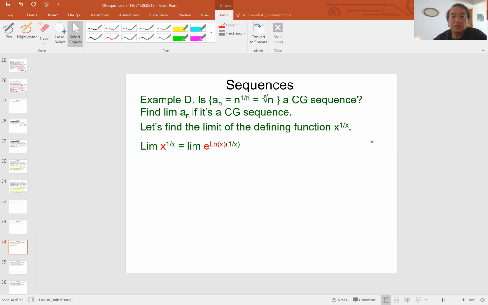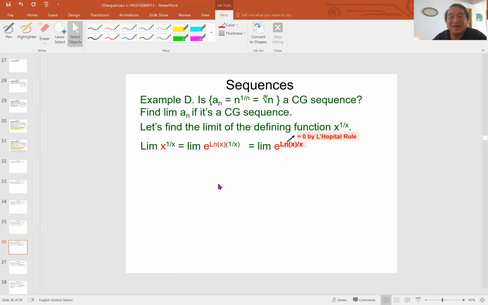For any kind of strange exponential function, we want to find out if it converges or not, we take the log. Then we investigate the exponent, the log part of it, to see if that converges or diverges.